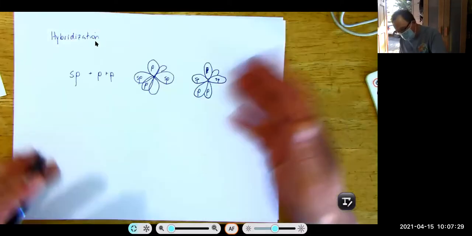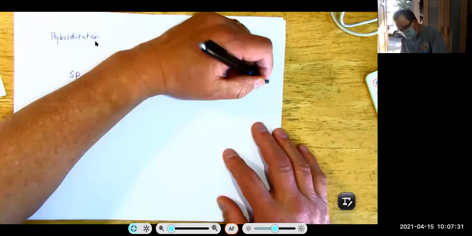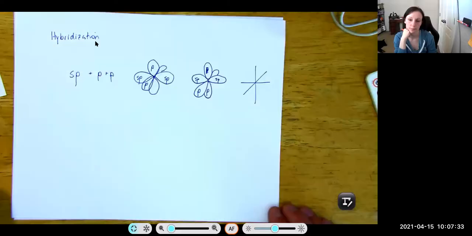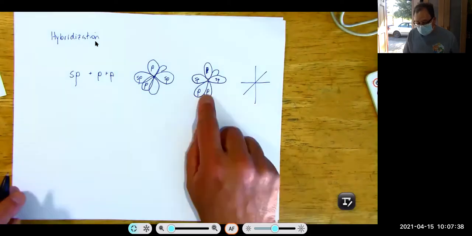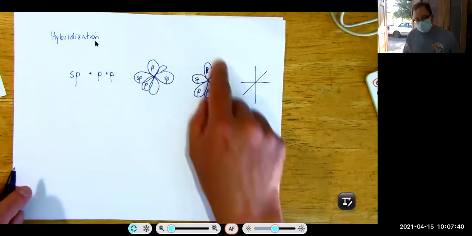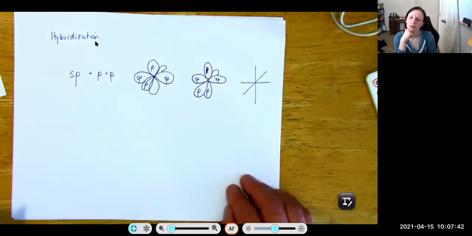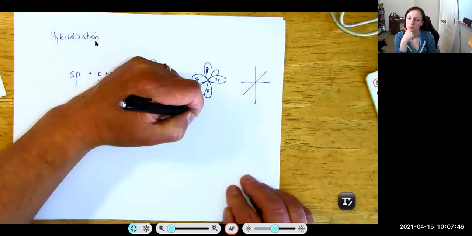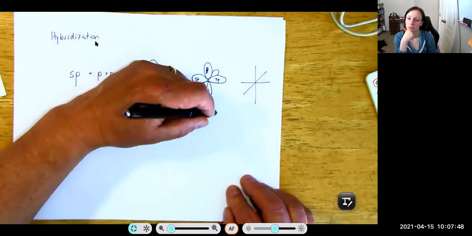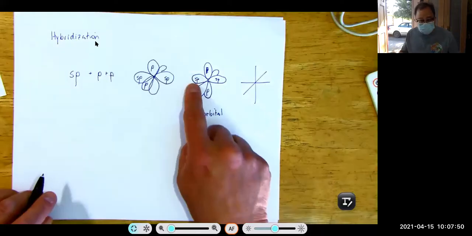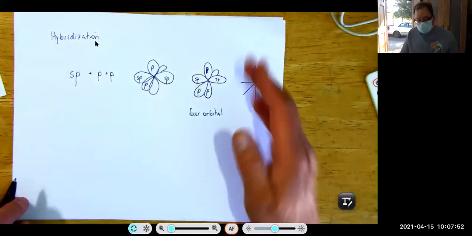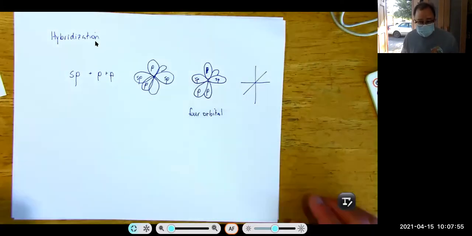It's kind of like X, Y, and Z. Okay. Now, how many orbitals do you see here that I'm pointing at? This whole figure, how many orbitals? Is it 4? 4 orbitals. An sp and an sp 180 degrees apart, a p and a p that are at right angles to the two sps.